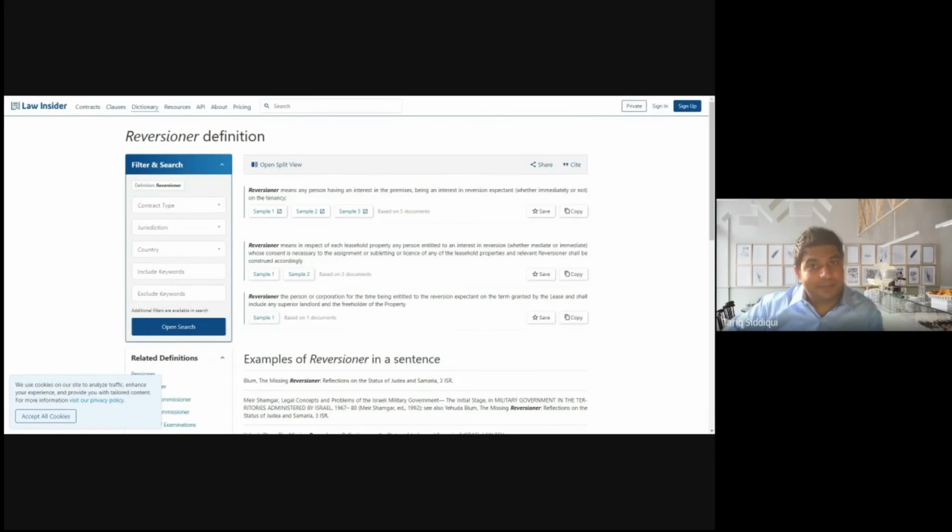You see what they did there? Immediate or immediate. Parsing syntax, by the way. Whose consent is necessary to the assignment or subletting or license of any of the leasehold properties, and relevant reversioner shall be construed accordingly.